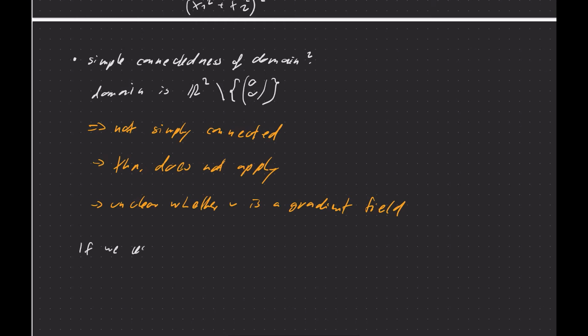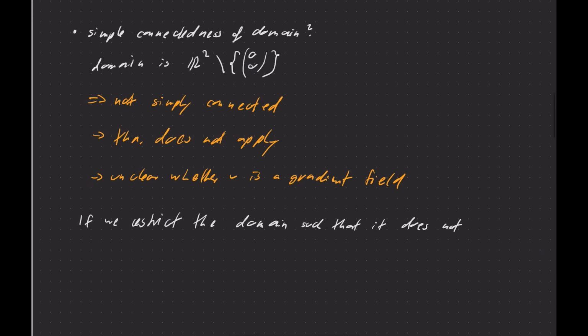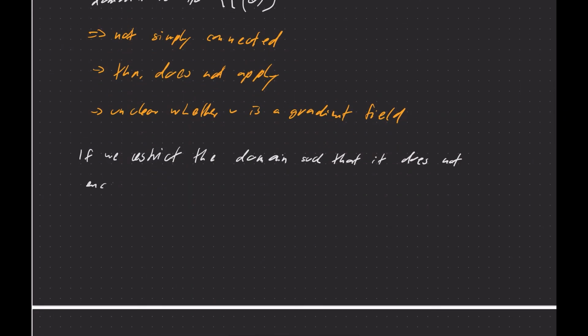If we restrict the domain such that it does not encompass that hole at 0, 0, then the vector field has a potential.